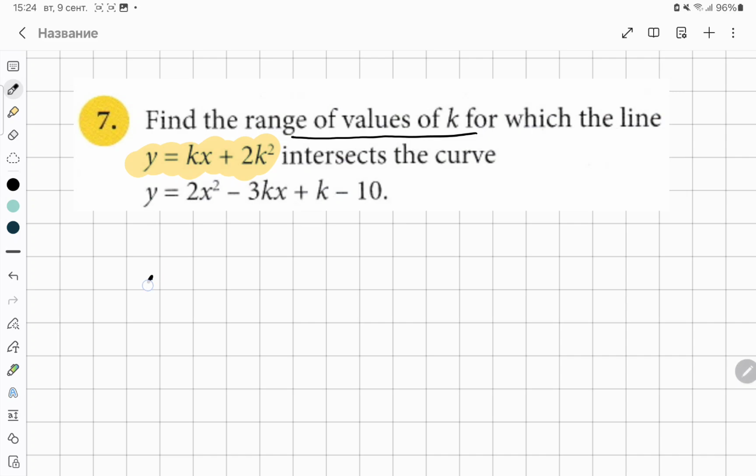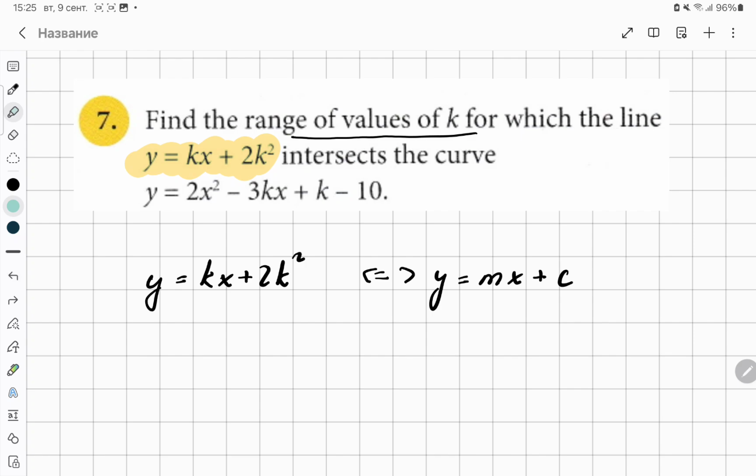That is why the equation kx plus 2k squared is very similar to y equals mx plus c, which is the equation of a line. So k is our slope, or gradient, and 2k squared is the y-intercept.